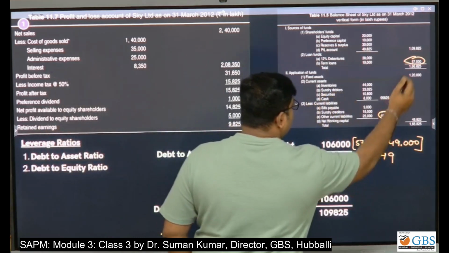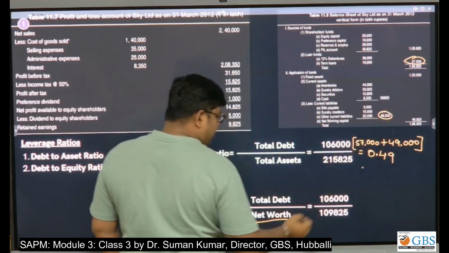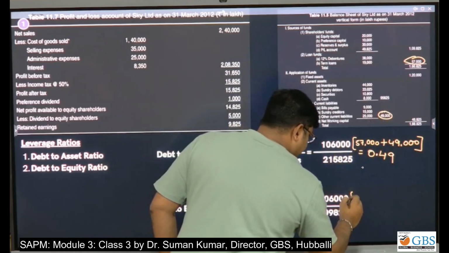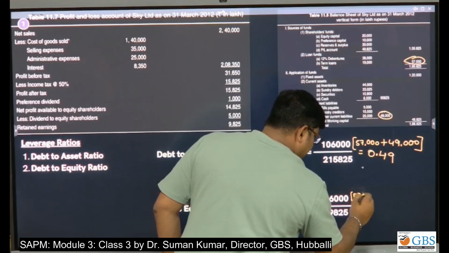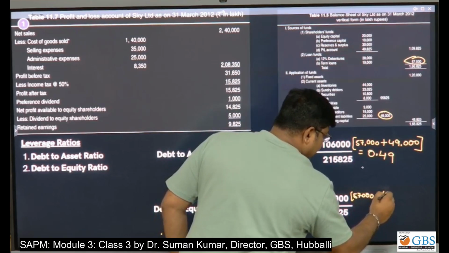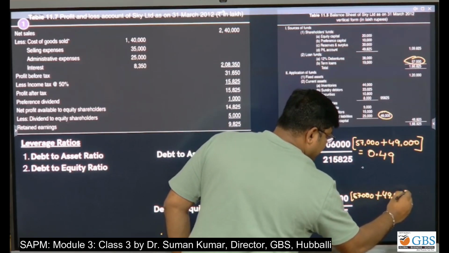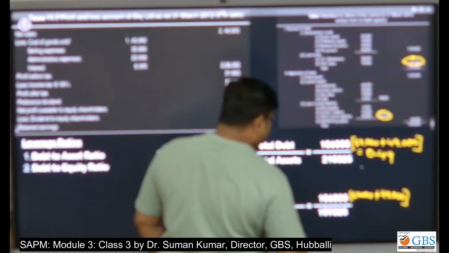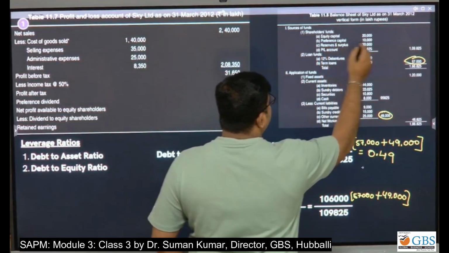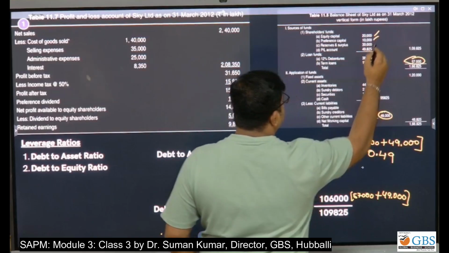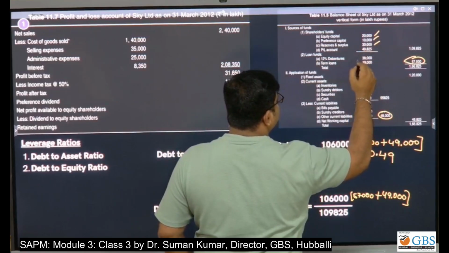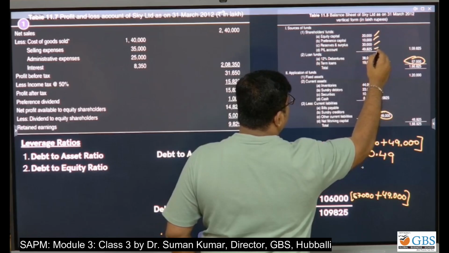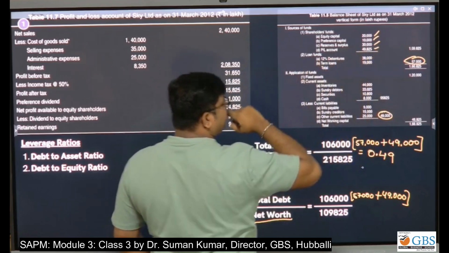We already found out that is 57,000 plus 49,000, divided by net worth. Net worth in the sense equity capital, preference capital, reserves and surplus, and P&L account, that is profit. In this case it is profit.